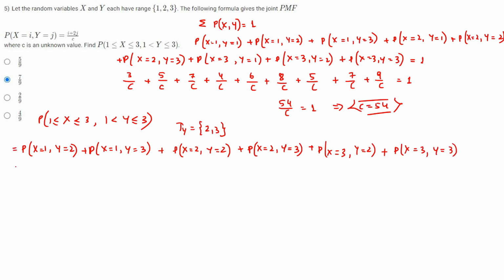So if we substitute all the values here, we'll have 5 by 54 plus 7 by 54 plus 6 by 54 plus 8 by 54 plus 7 by 54 plus 9 by 54, and now that is nothing but 42 by 54, and that is nothing but 7 by 9.